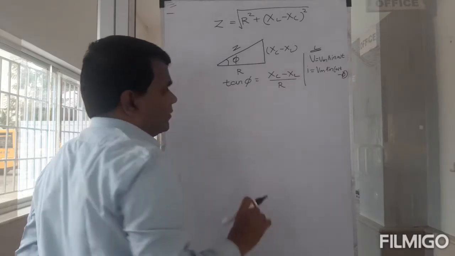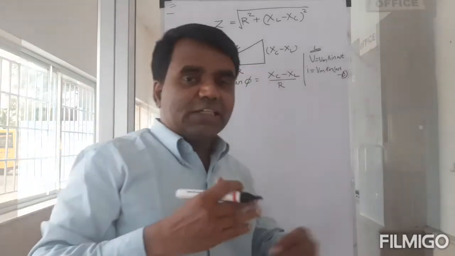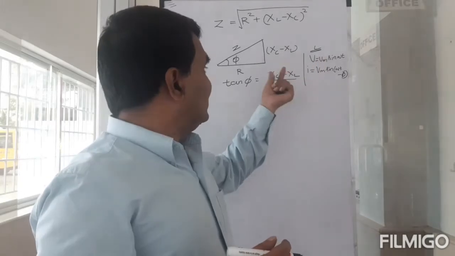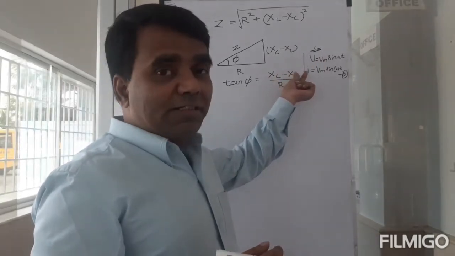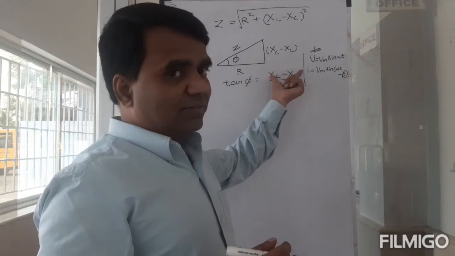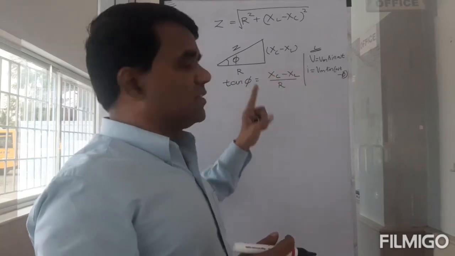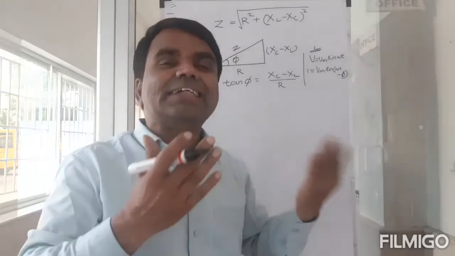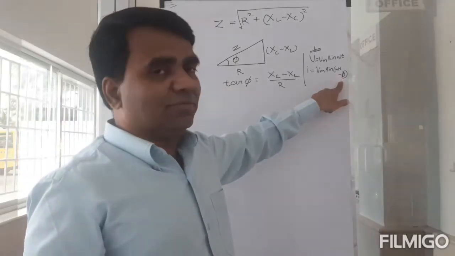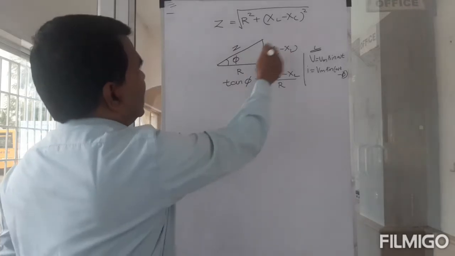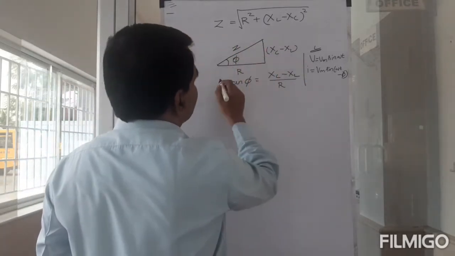Notice that when the circuit is net inductive, XL will be greater than XC, so this will be a negative number. The tan inverse of this negative number will give me a negative phi. So it makes sense to define this like this.